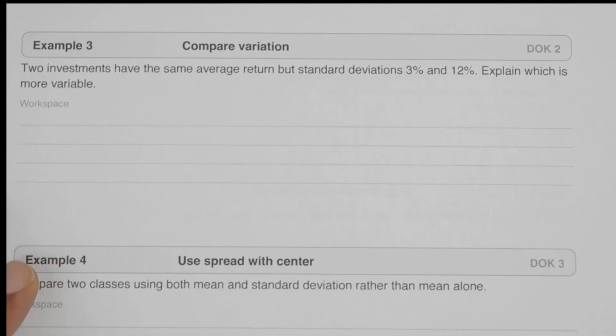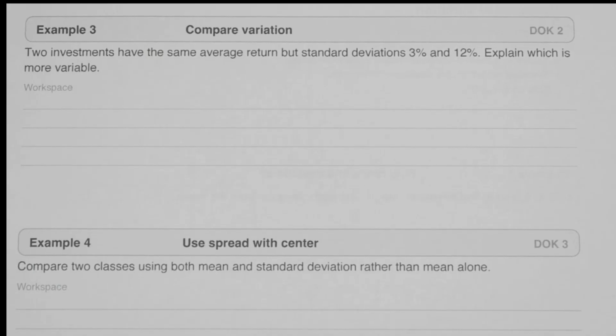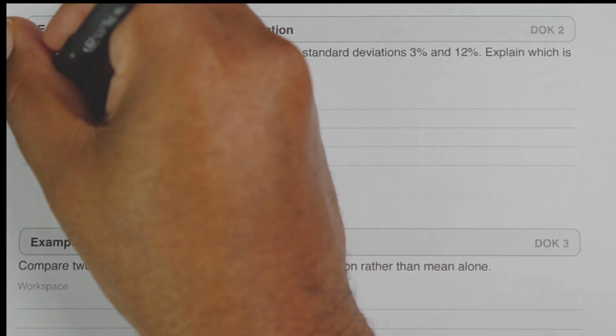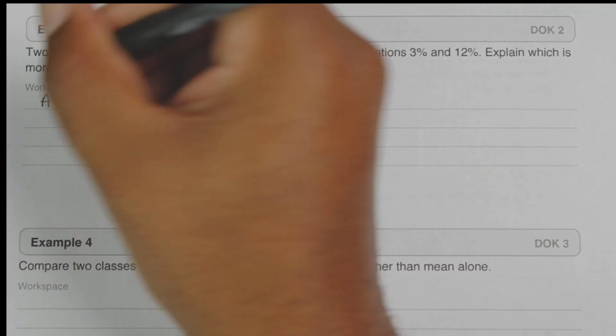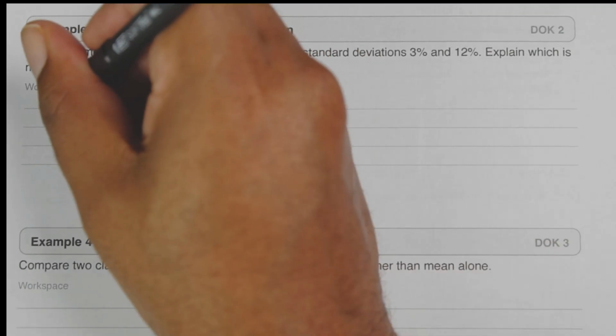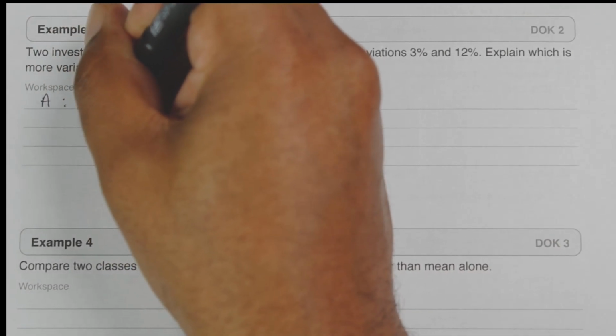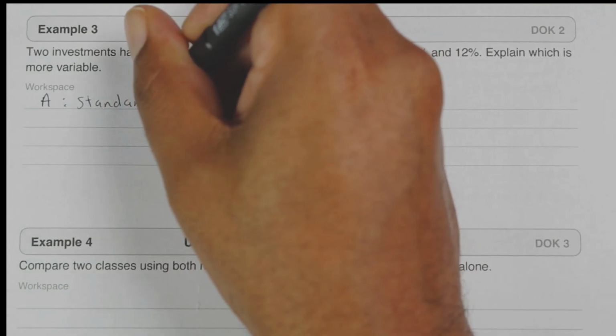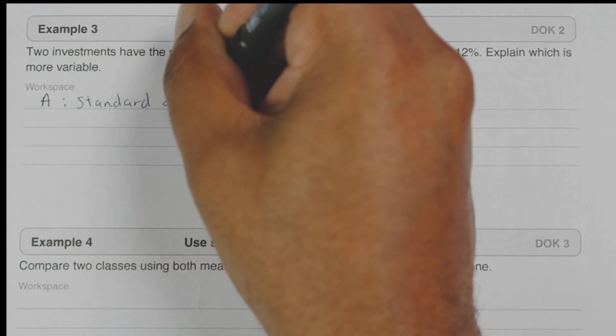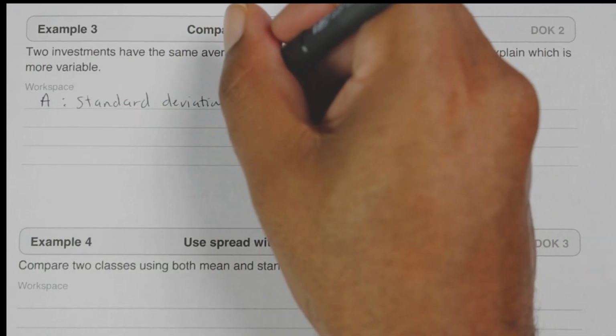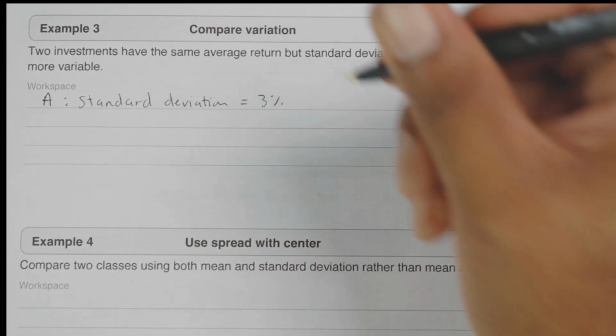All right, let's go on to example number 3. Compare variations. Suppose two investments have the same average return. We have investment A. Let's say I'm just going to label it as A, and that has a standard deviation of 3%, right?